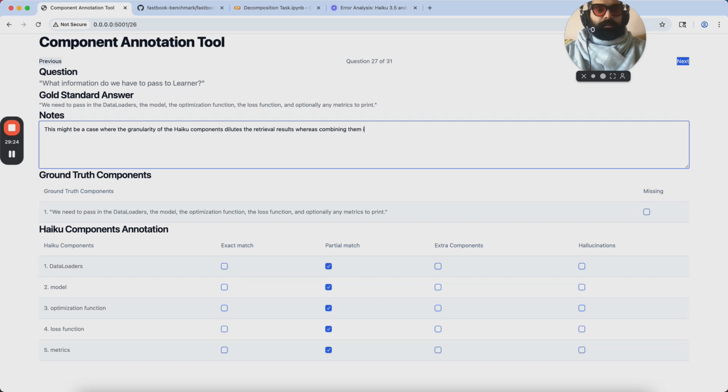Whereas combining them in a single sentence makes it easier to find because the gold context contains all components in a single sentence.